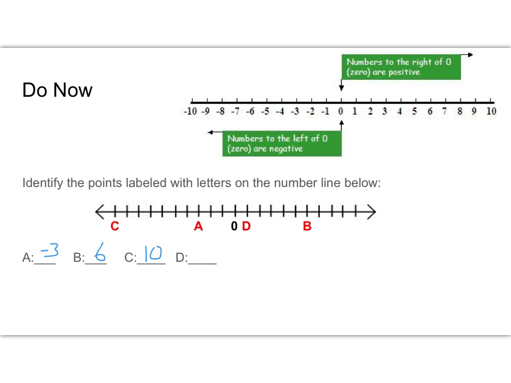And then D, of course, was just 1. That's -10. That's important. All right, and I just want you to think about the distance that each of these numbers is from 0, because that's what we're going to be talking about today.